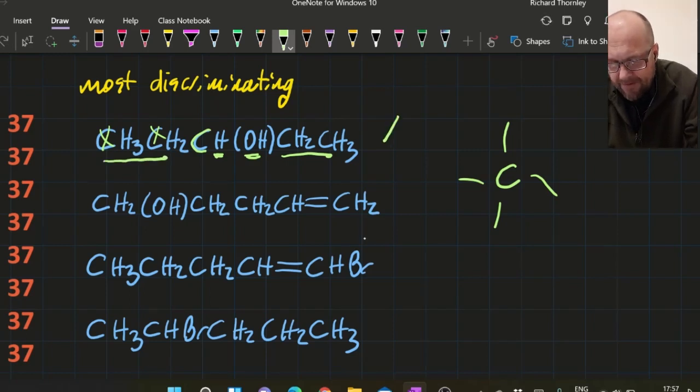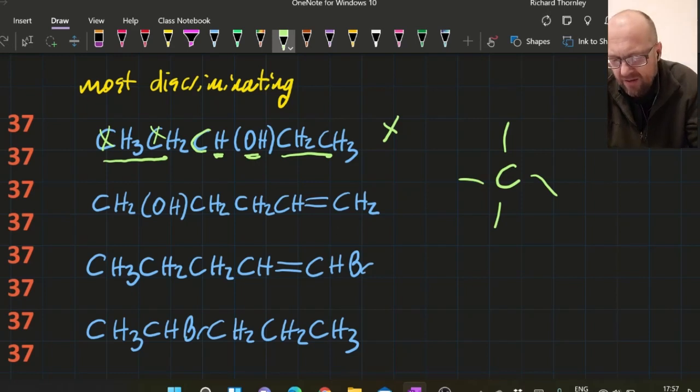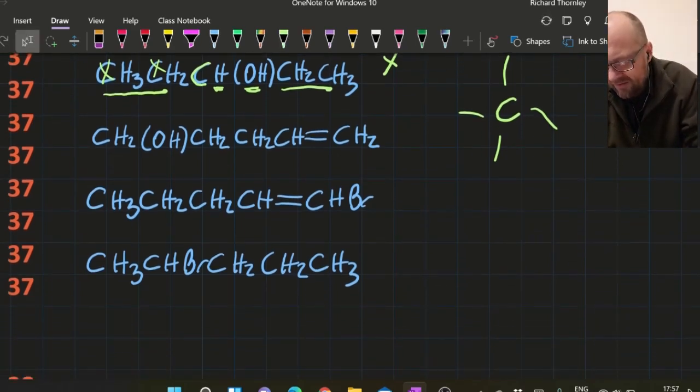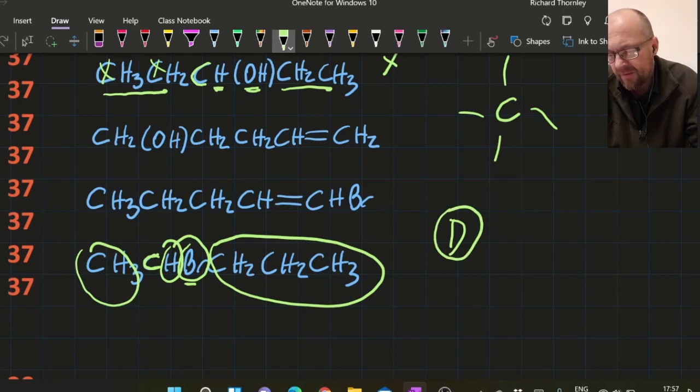No, not that. I'm looking for something where it looks like they've just tried to force it to be 4 different groups to make it look weird. And so my sixth sense says that this looks weird. So this carbon here has a methyl, a hydrogen, a bromine, and a propyl. That's it. So 37D, pretty discriminating.